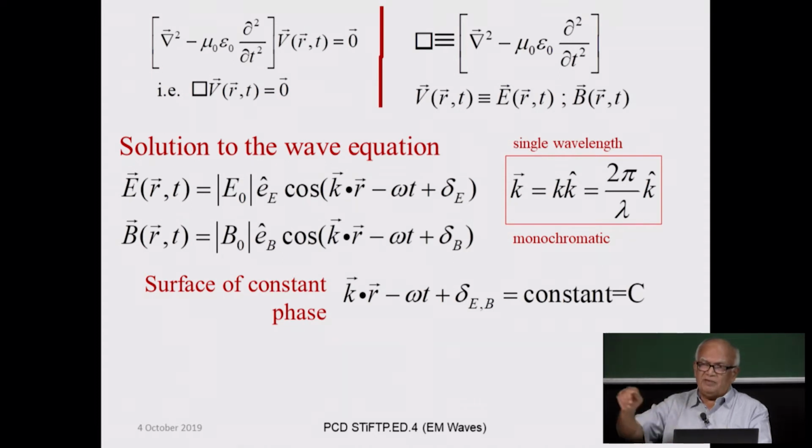If it increases with t, then you have got a plane wave which is propagating in the direction of z. If dz by dt is negative, you have got a plane wave which is propagating in the opposite direction, right.